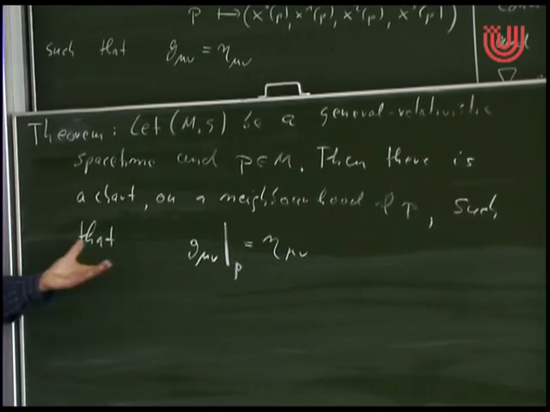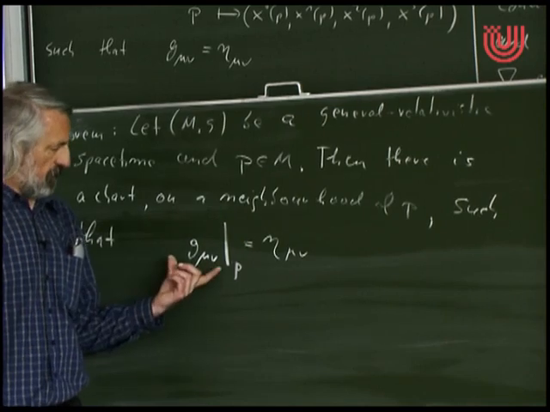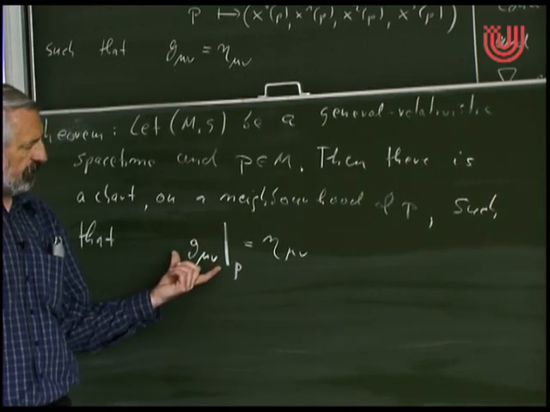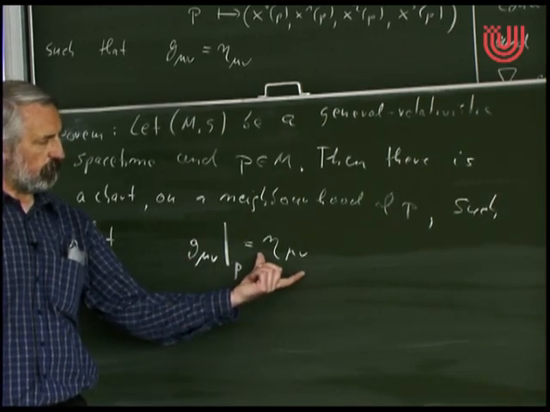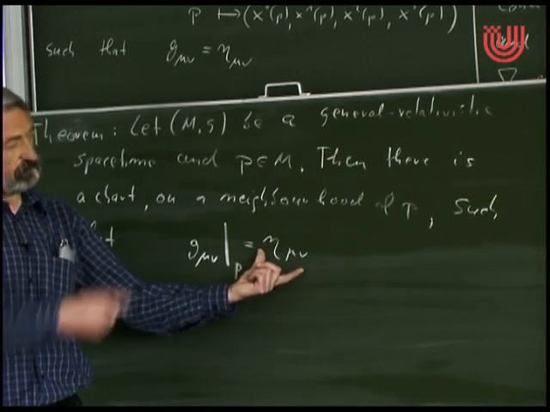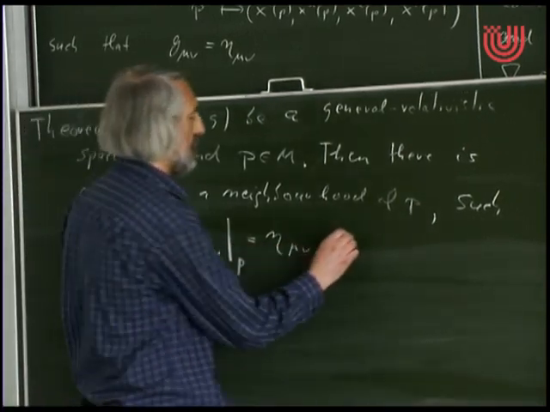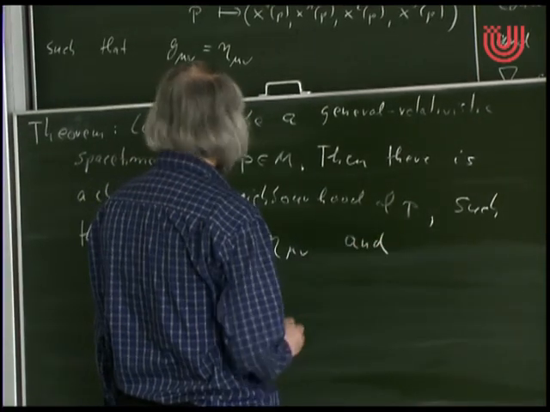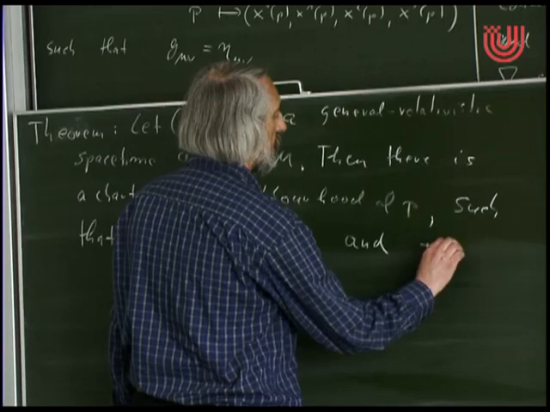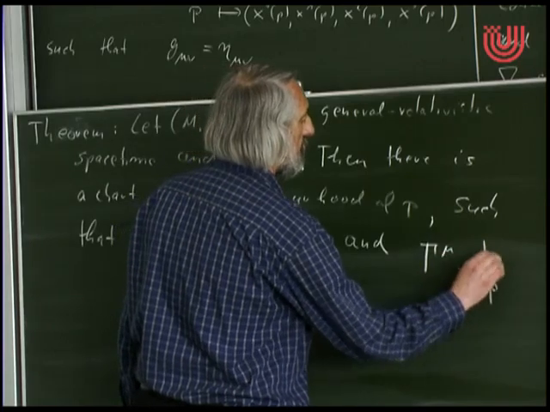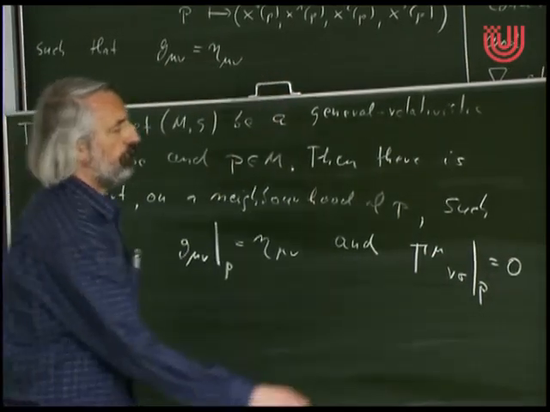We have already talked about this. We can always bring the metric at one point to standard form. So for our signature, this would be the diagonal form -1, +1, +1, +1. But the not so trivial statement is that at the same time, we can also have the gammas equal to 0.